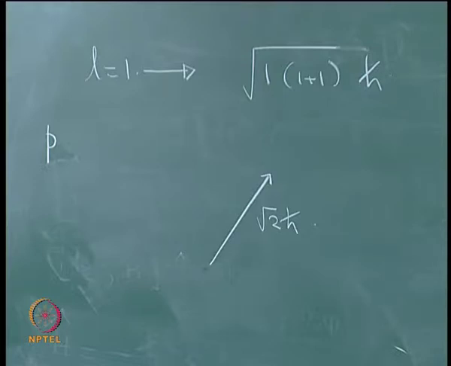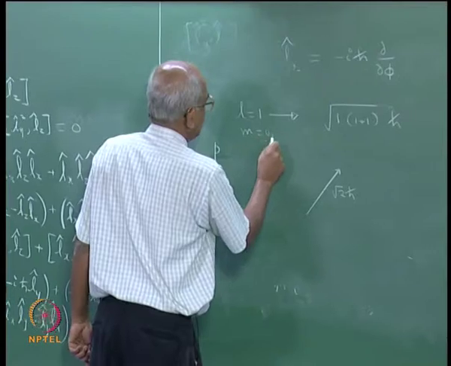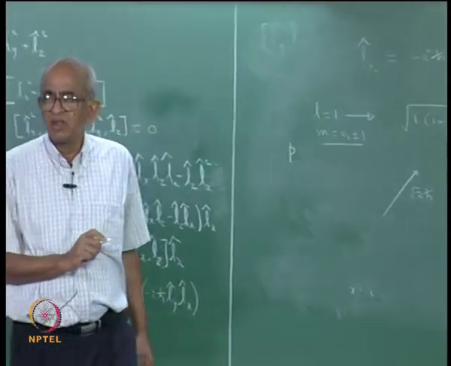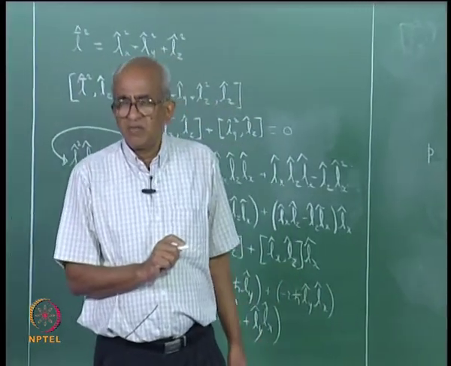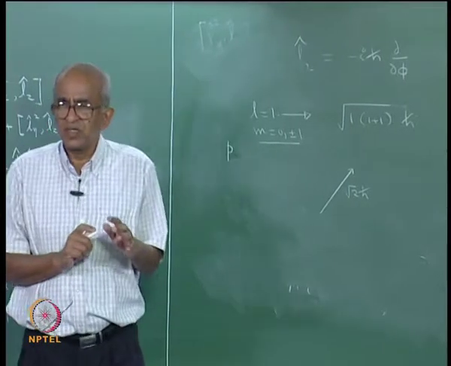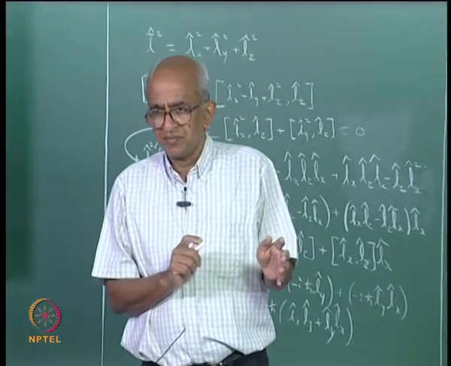Now, if L is equal to 1, I know that m can have 3 values, 0, plus or minus 1. These are the 3 possible values. And if you think of physical significance of this, I have told you the physical significance. M actually specifies the z component of the angular momentum vector.